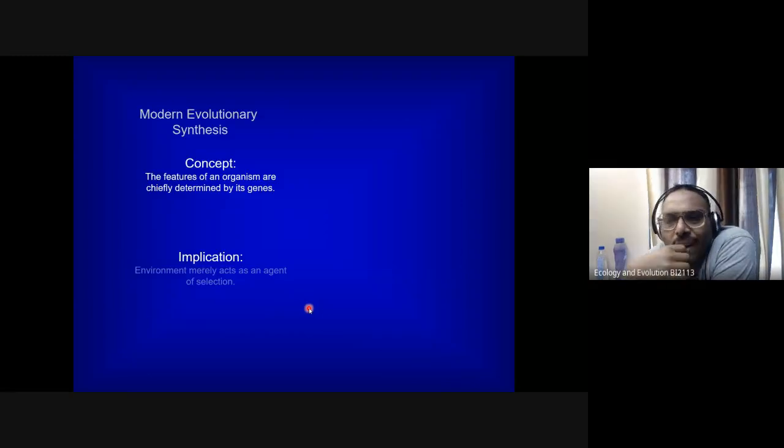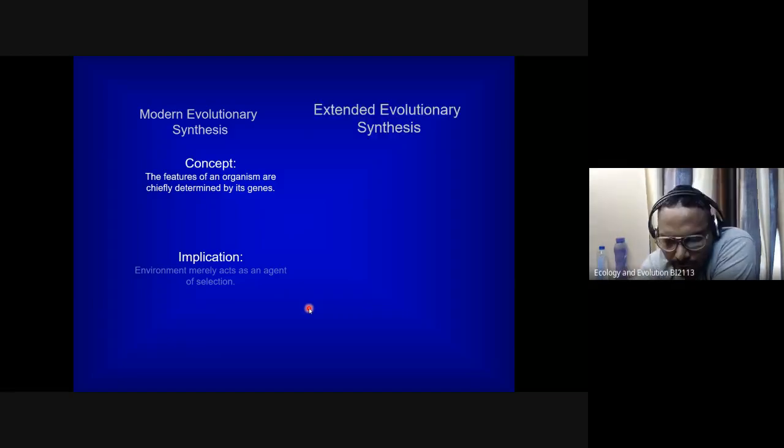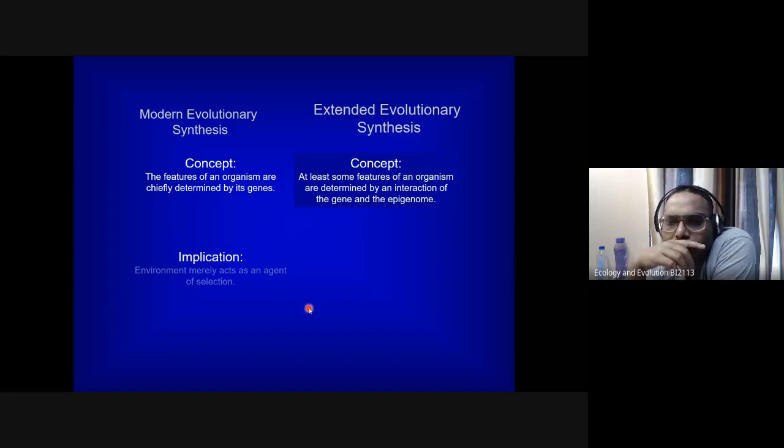Okay, so coming back to evolution. If you remember, in the modern evolutionary synthesis, the idea is that genes are the primary features determining the features of an organism, and the role of the environment is simply to act as an agent of selection. However, based on what we said, we realized that at least some of the features of the organism are determined by an interaction of the genes and their corresponding epigenetic markers.